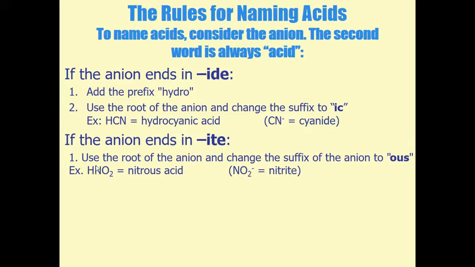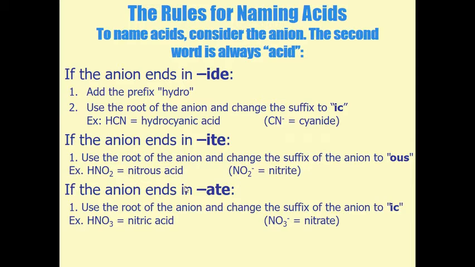So let's look at the anion. The anion is NO2. You look that up on your polyatomic list, and you find that NO2 is nitrite, and then ITE. You're going to remove the ITE and replace it with US. So now you have nitrous, and then you add the word acid, nitrous acid.